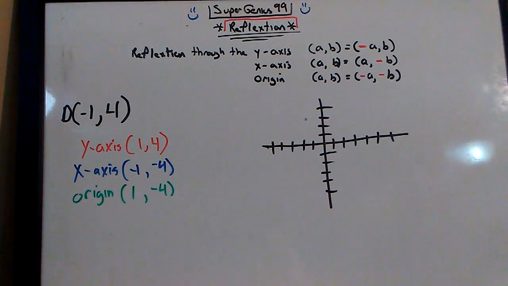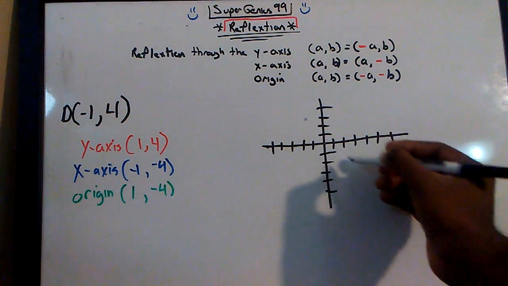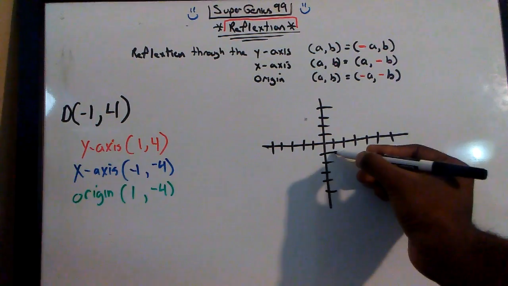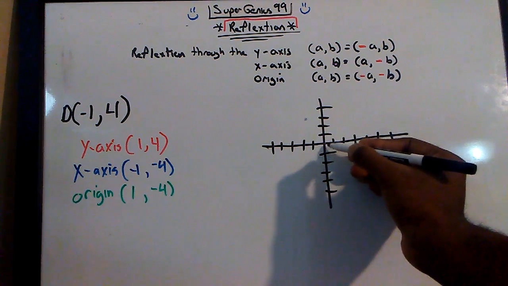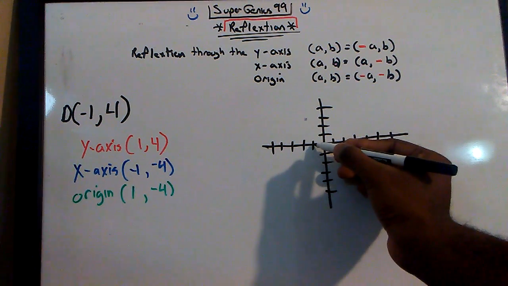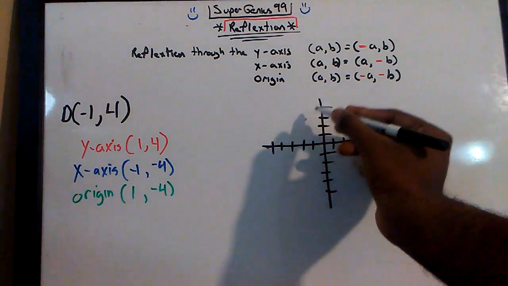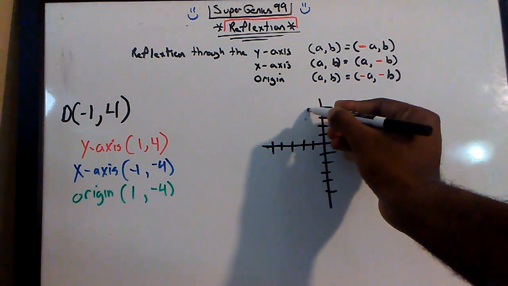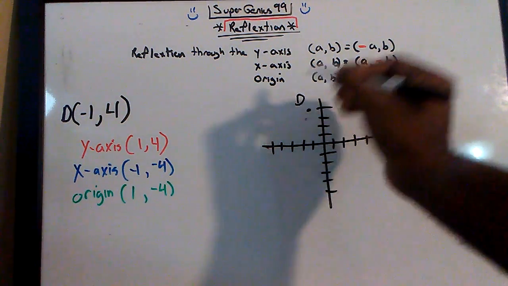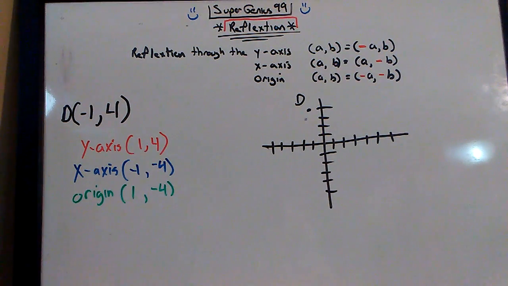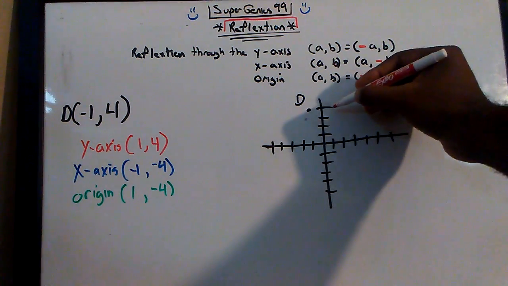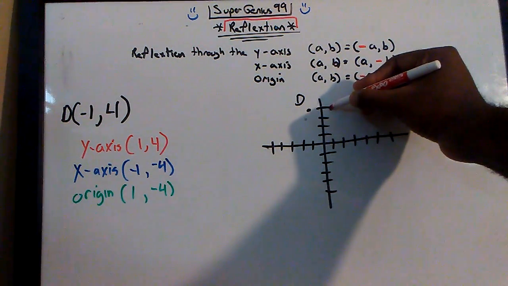And let's go ahead and graph those. So D, negative 1, 4, the original one, and this time I'll mark it: negative 1, 1, 2, 3, 4 right here. Let's put a D. Reflection across the y-axis was a positive 1, 4, right about there.